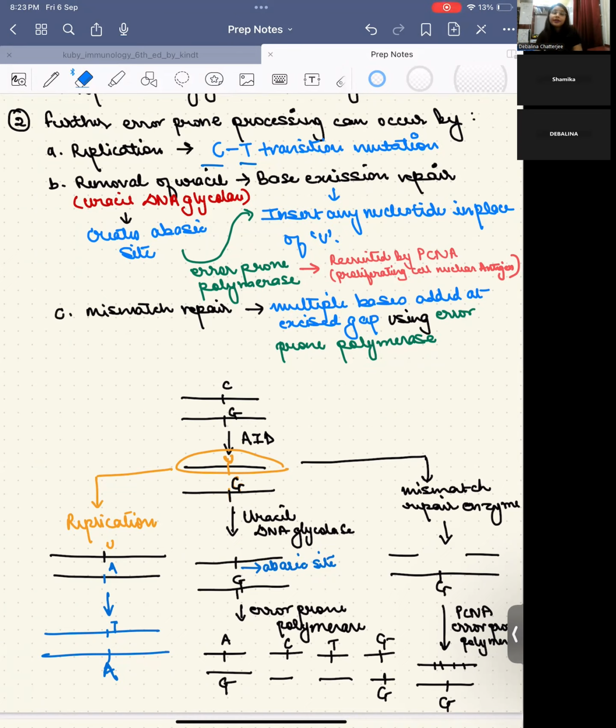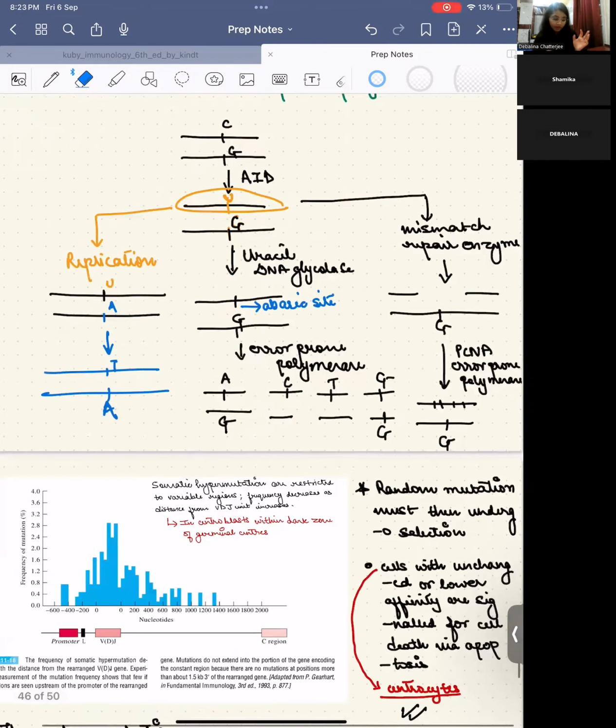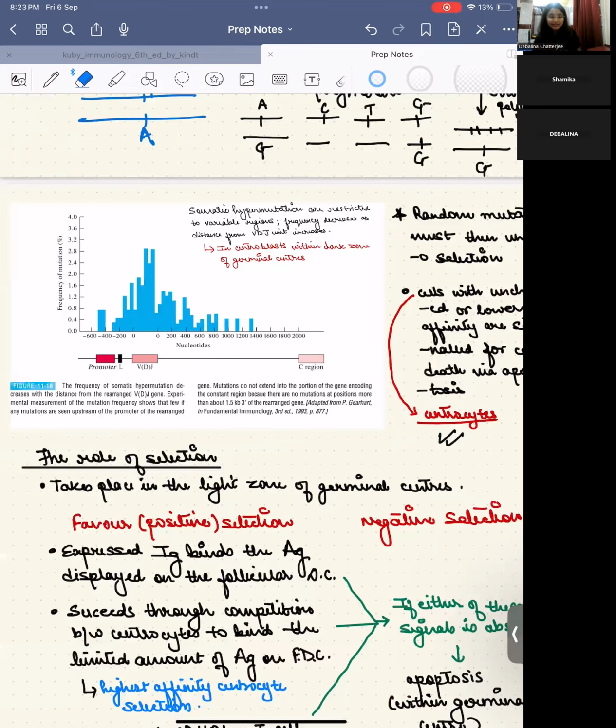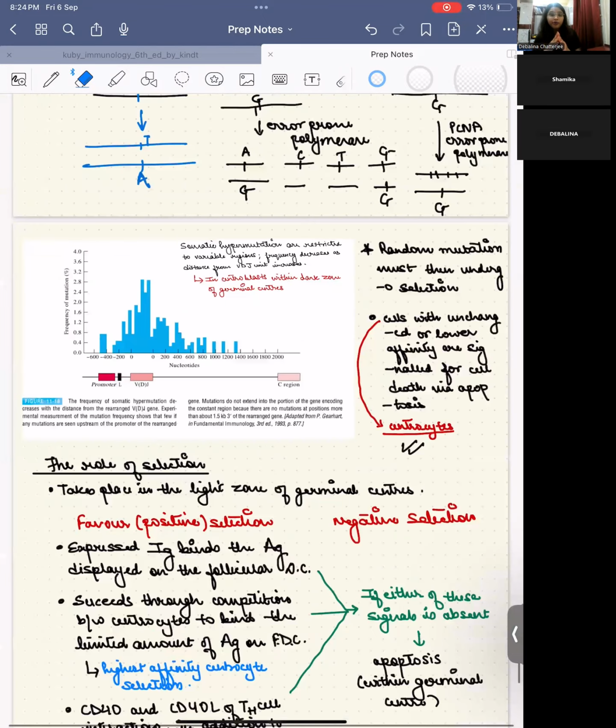That is what I am saying: after hypermutation, the cells have to undergo selection, which was the next topic. In the process of selection, the body eliminates anything that is less useful. Again, almost 90 to 95% of these cells formed as a consequence are going to be eliminated.